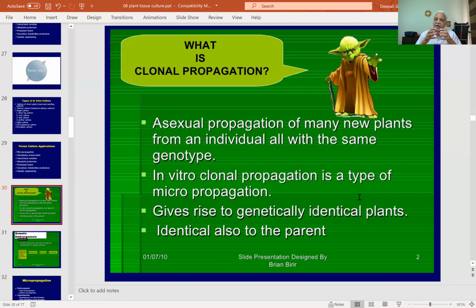If you are familiar with the modes of reproduction in biological systems or in organisms, you have the asexual mode of reproduction and the sexual mode of reproduction. Sexual reproduction involves the sex cells forming a zygote, and the zygote undergoes division.